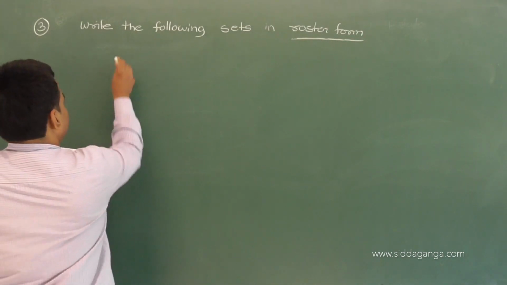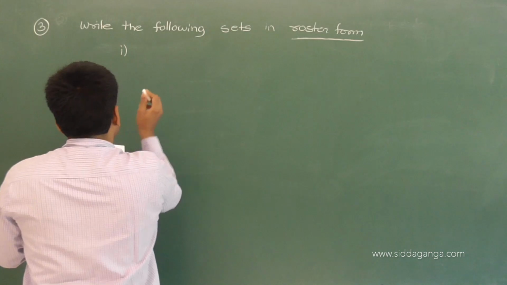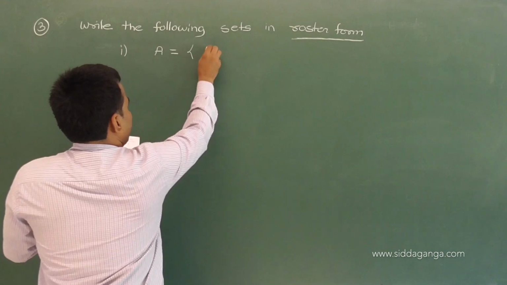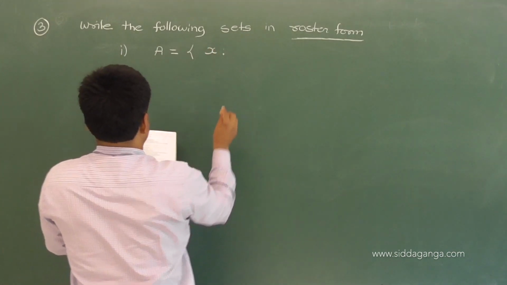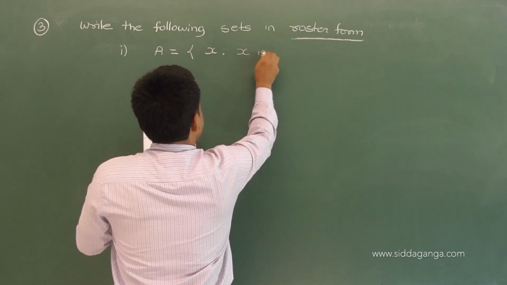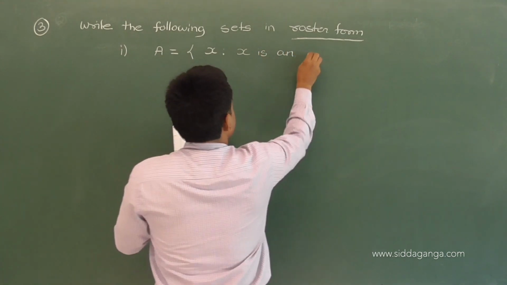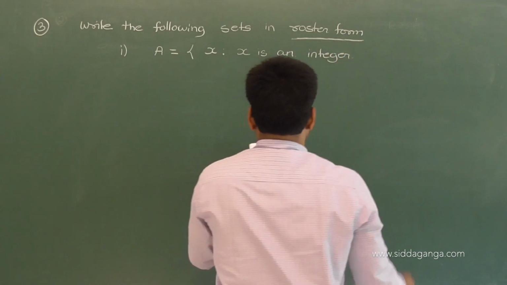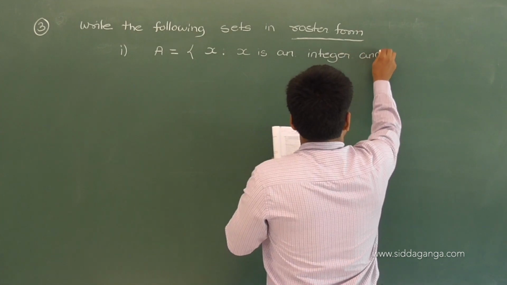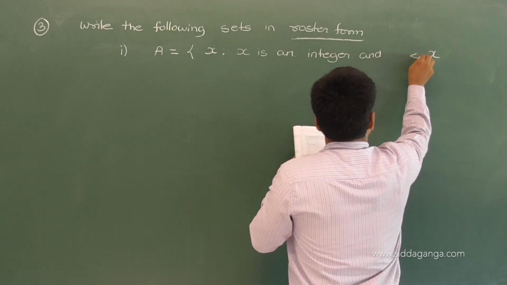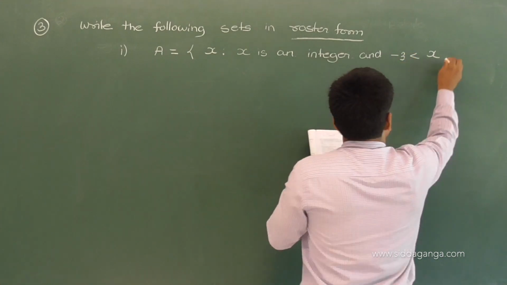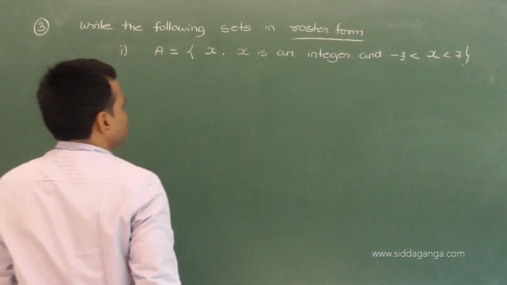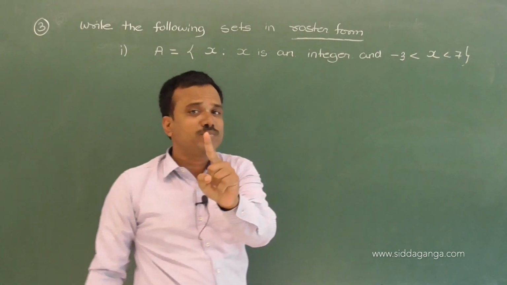The first question, he has given in set builder form, the rule method. He has given set A: x such that x is an integer and x greater than -3 and less than 7. This is nothing but a rule method, the set builder method.